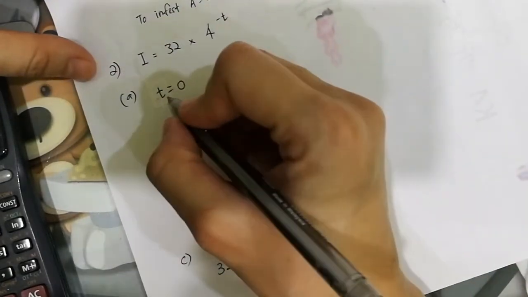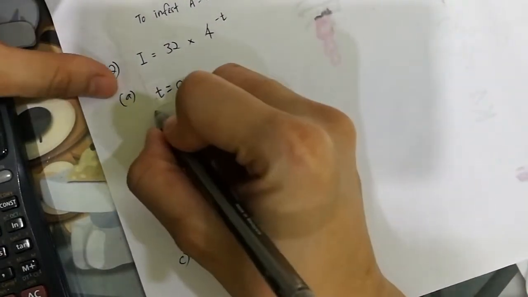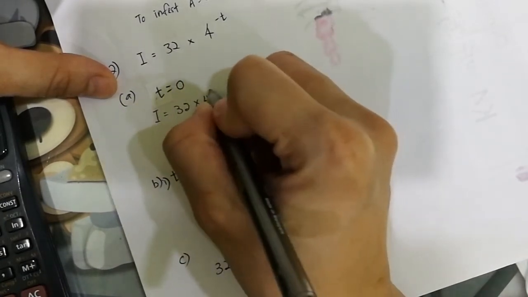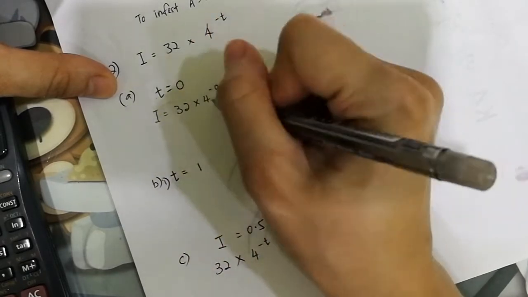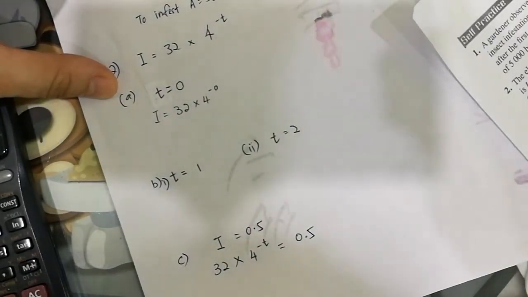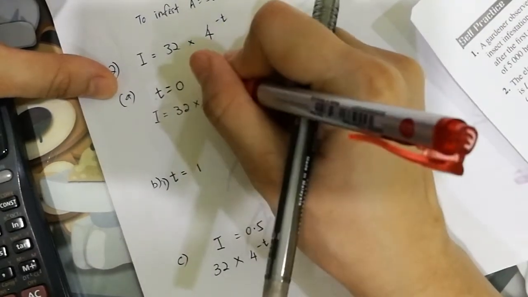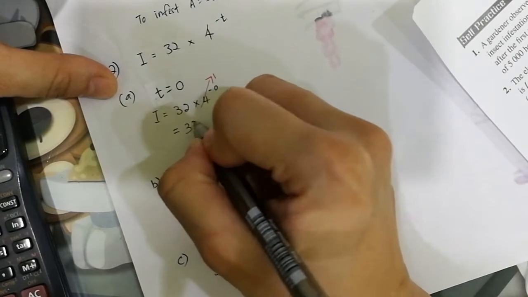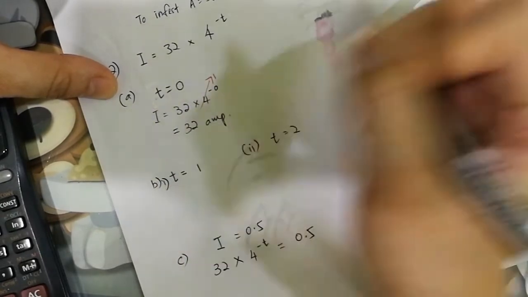I just substitute. Actually it is very easy. 32 times 4 power negative 0. So this equals 1, because everything power 0 is 1. So 32 multiplied by 1 is 32 ampere.